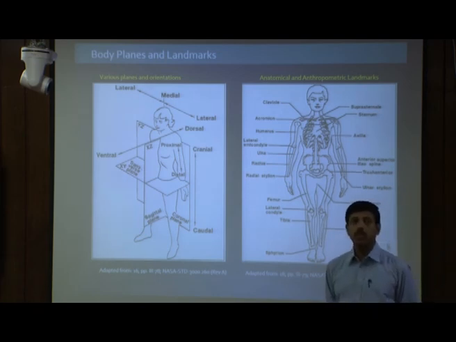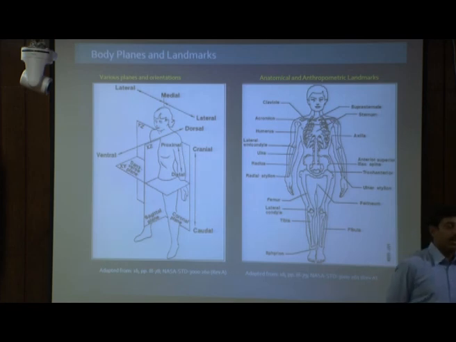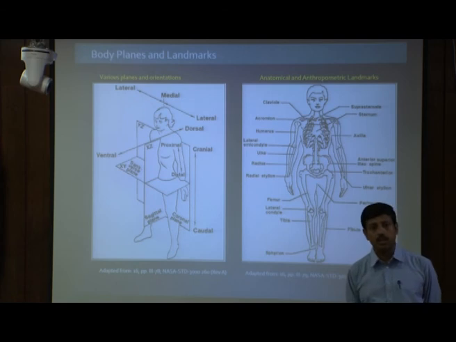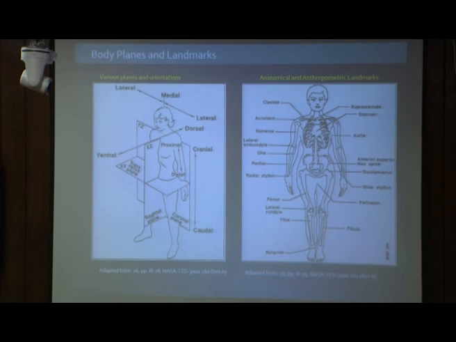Digital human model means CAD representation of the human body. So if we know the basic anatomy and structure of the human body, it will be easy for us to understand digital human model creation and its use for different types of ergonomic evaluation.